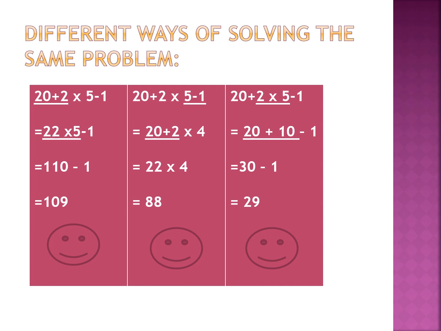So the reason why it happened like this is because they did not follow any rule. So we have to learn a rule so that we can understand what sequence of operations we should use so that we can get a correct answer and all of us can get the same answer. So let us learn one rule which will provide you the same answer.